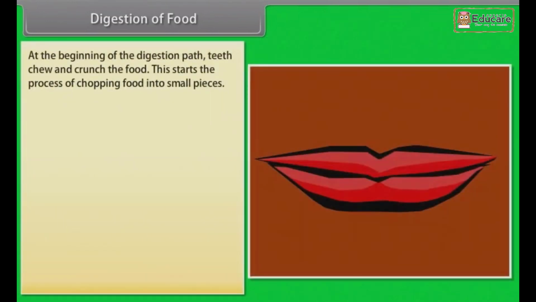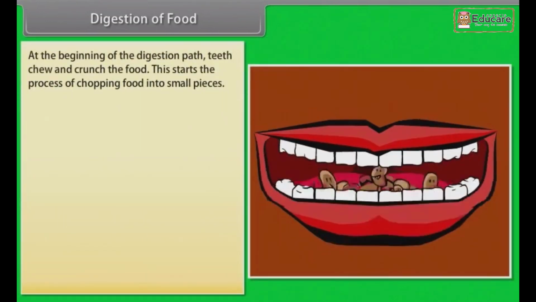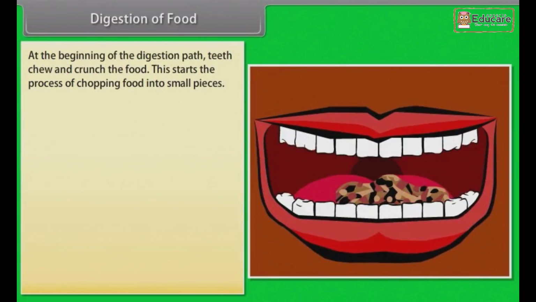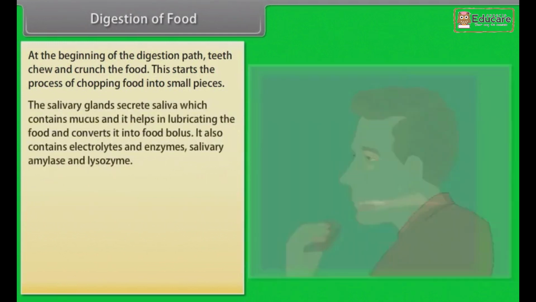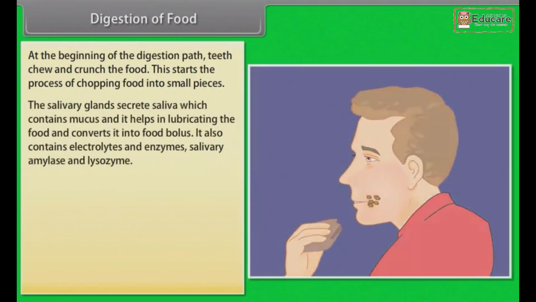Digestion of food. At the beginning of the digestion path, teeth chew and crunch the food. This starts the process of chopping food into small pieces. The salivary gland secretes saliva, which contains mucus and helps in lubricating the food and converting it into a food bolus.